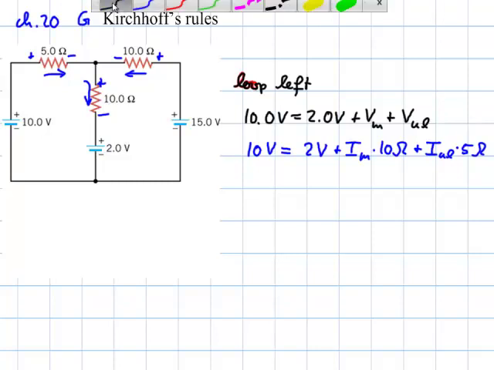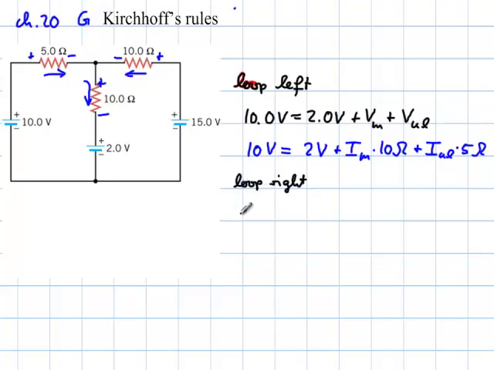The loop on the right would be similarly 15 volts here, minus this, minus that, equals 0 all the way back. Respectively, if I get that minus, minus, minus to the other side, I'm going to have 15 volts equals 2 plus this one plus this one.